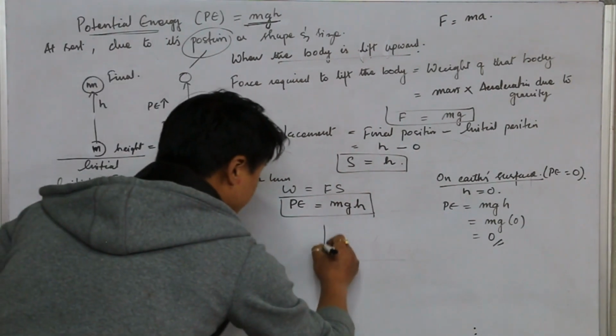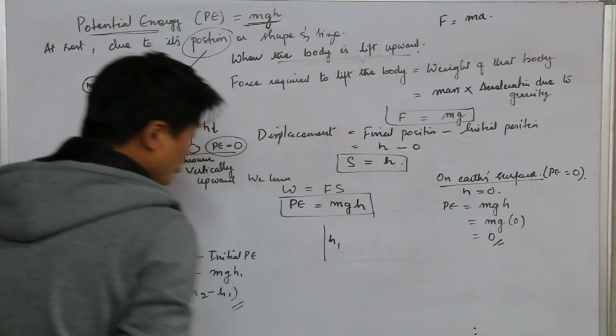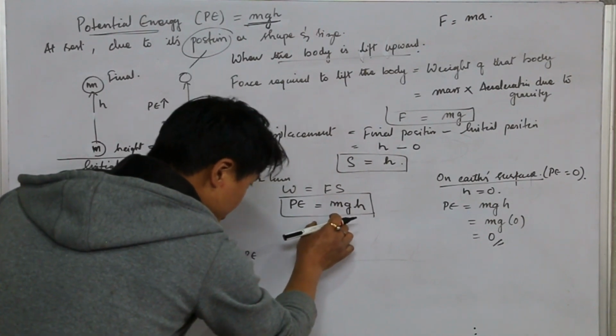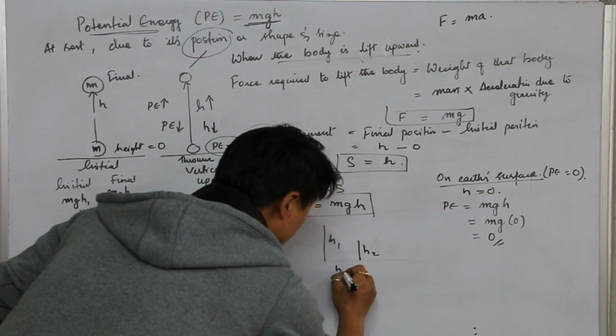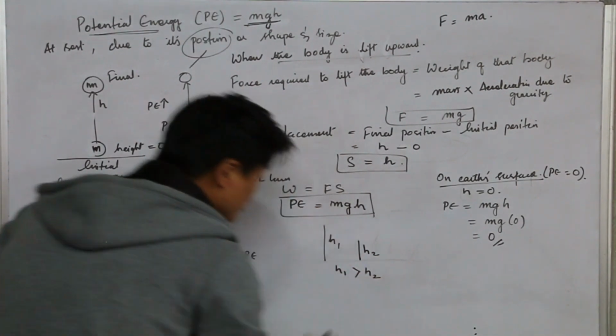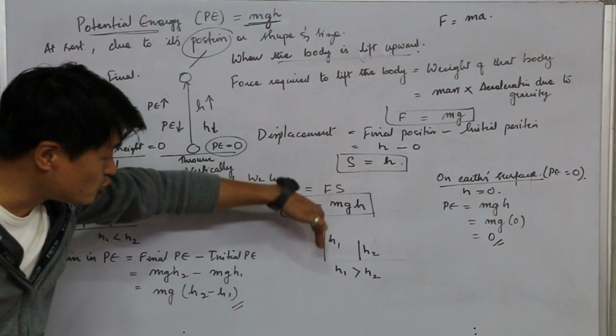But if we have the body at height h1 and we are taking this body to height h2, where h1 is greater than h2, here the body is coming towards the earth.